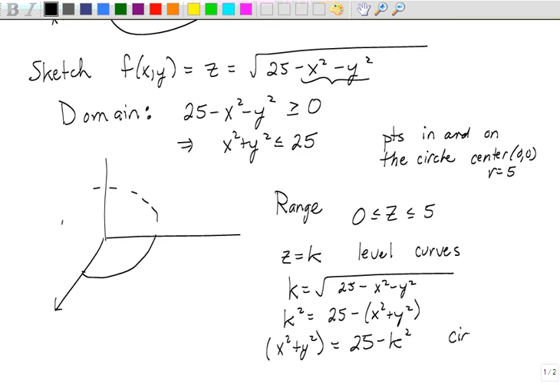They're circles. And the radiuses keep getting smaller and smaller as k gets larger and larger. So here's your domain, and then the level curves are going to be circles.